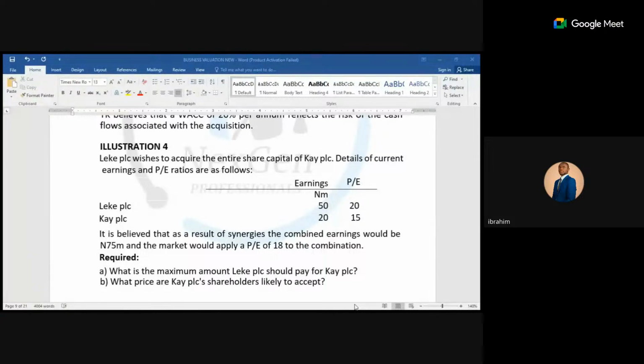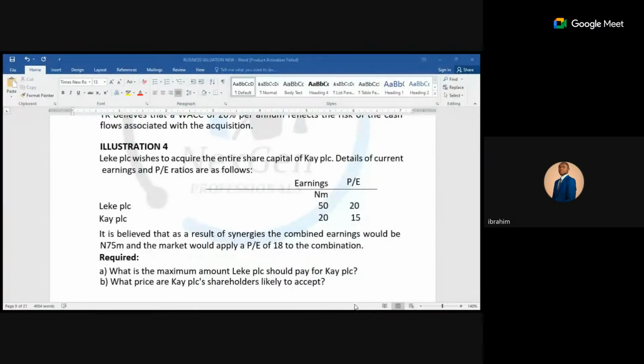So if Lekki acquires KPLC, it will lead to combined earnings. Combined earnings means that the two of their earnings together will become what? 75. Can you see the reason why I say 1 plus 2 is equal to 5?